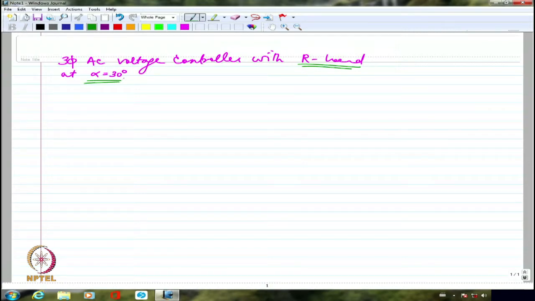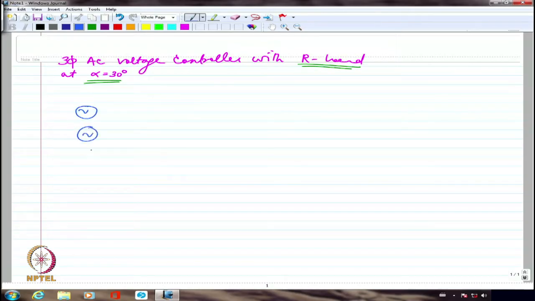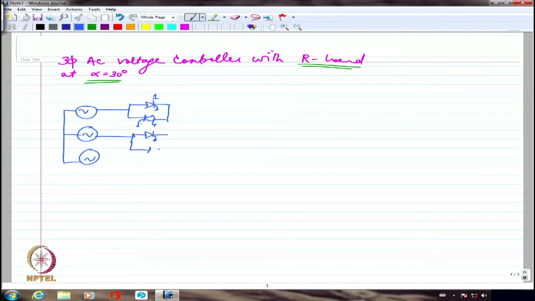So we said that we are going to have three-phase voltages, and I am going to have this A phase, so 1 and 4, then B phase, which we call 3 and 6, and then C phase, which is going to be 5 and 2.